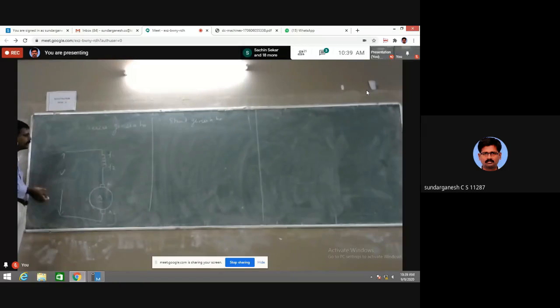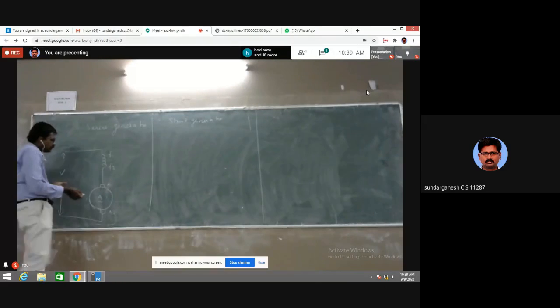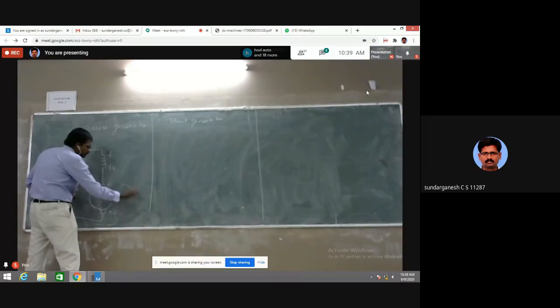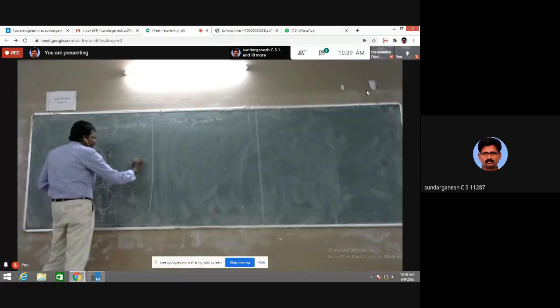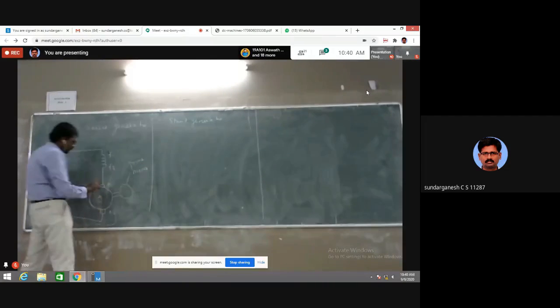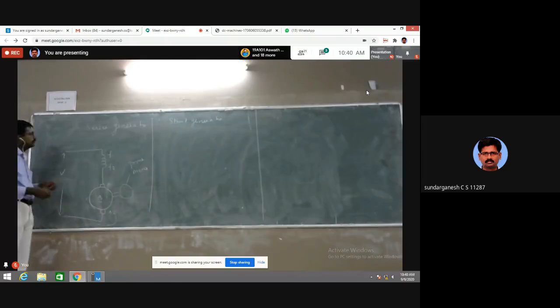If it is a generator, this armature is connected to a prime mover, so the armature will rotate. Here you have to separately give a DC voltage for the field coil. The voltage produced in the armature is taken out in a DC generator. If it is a motor, you have to supply the voltage. If it is a generator, you get the voltage.